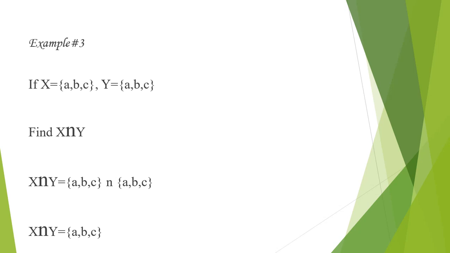So A, B, C are common in both sets, so we will just write down these elements once. Okay class, A, B, C intersection A, B, C. All elements are common. So what will we write down in the answer? We will just write down A, B, C.